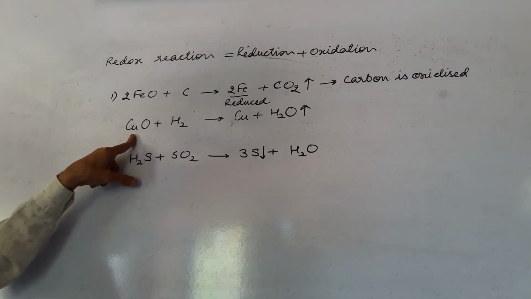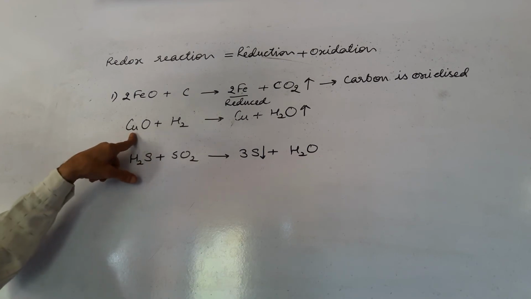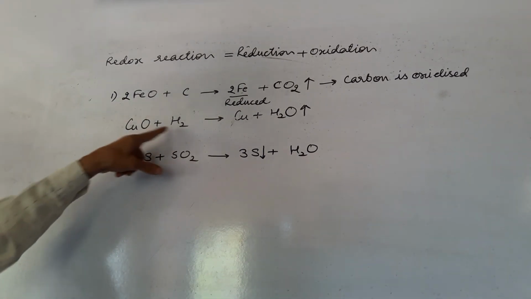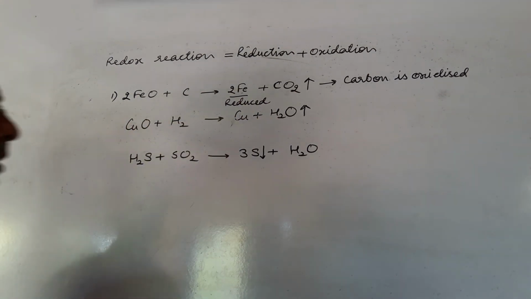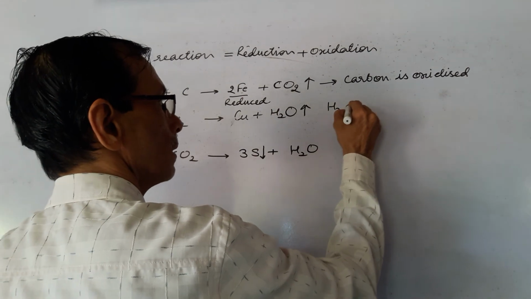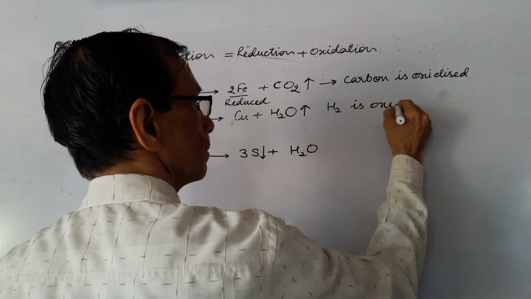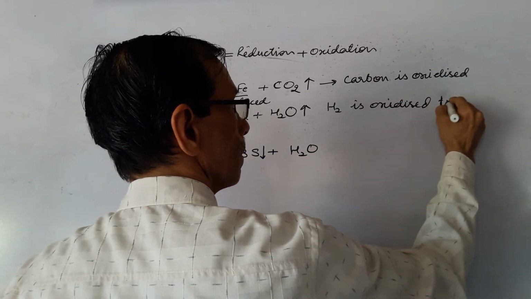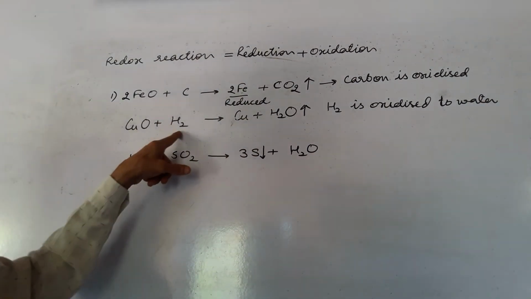Let us take one example, copper oxide and hydrogen. When copper oxide is heated strongly and hydrogen is passed over it, you find that hydrogen is oxidized to water. So here hydrogen is oxidized, then who is reduced?